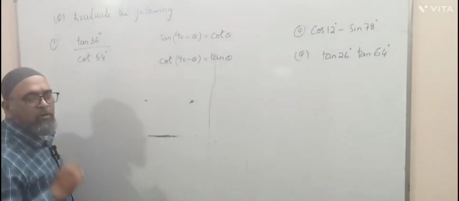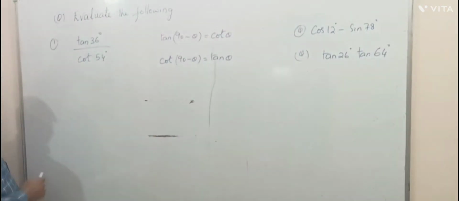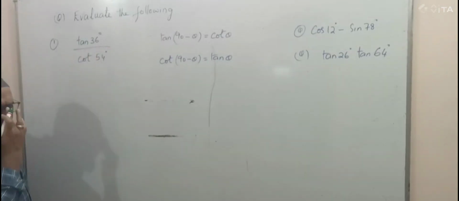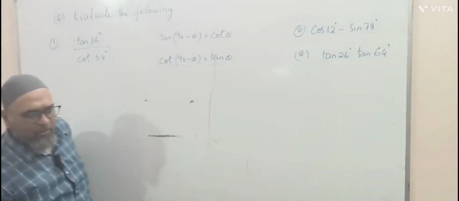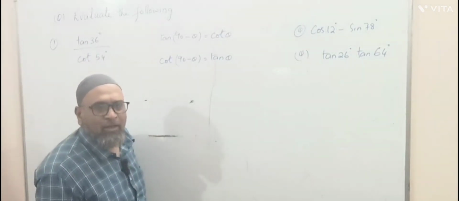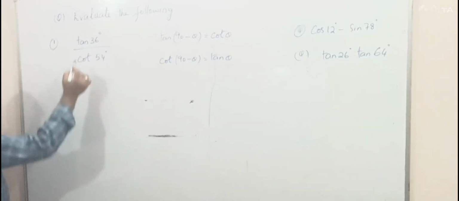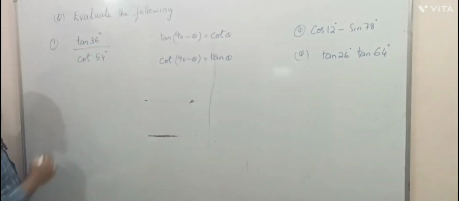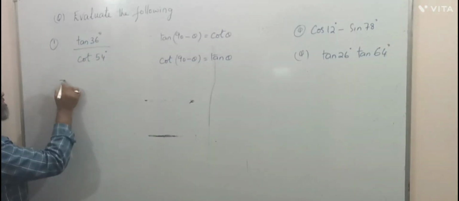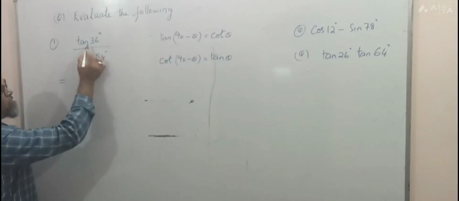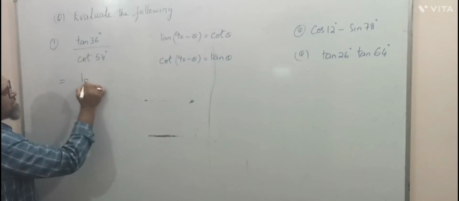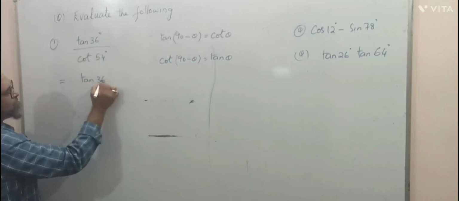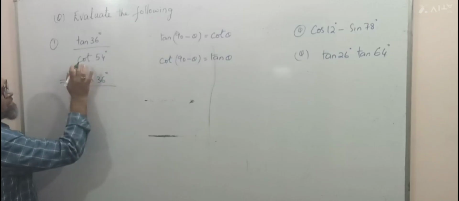Now we will look at another example. This is one of the questions in SSC Telangana exams. Okay, tan 36 divided by cot 54. How we will solve this? We will keep this tan 36 as it is. I will change this.